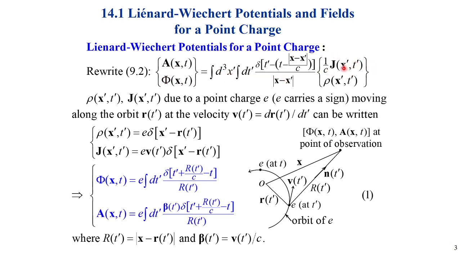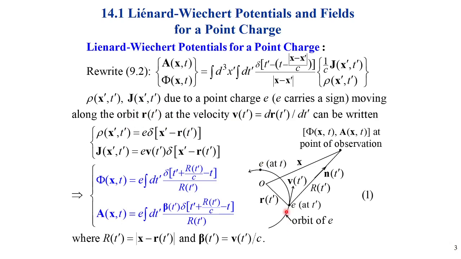And we consider a point charge e that carries a sign, might be plus, might be minus, moving along the orbit. So in terms of source coordinates, x prime, t prime, j x prime, t prime, and the orbit is in terms of the source coordinate t prime at the velocity v.